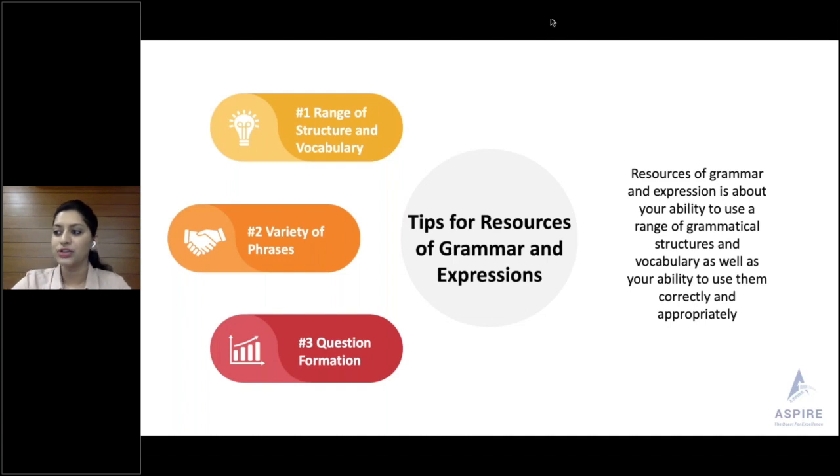So the range and accuracy of the language resources the candidate has applied in the performance to convey a clear meaning. A strong proficiency candidate will include appropriate structures in what he or she is saying, and you have to be cohesive.